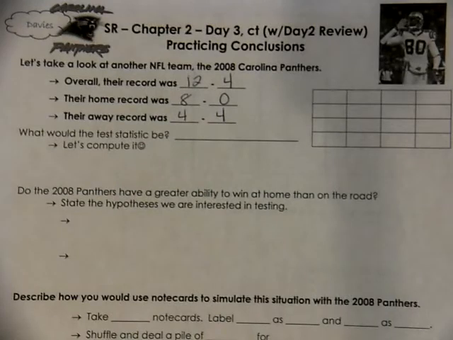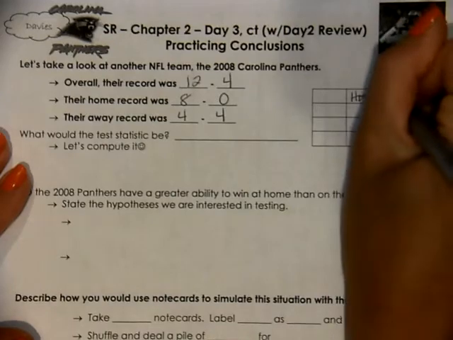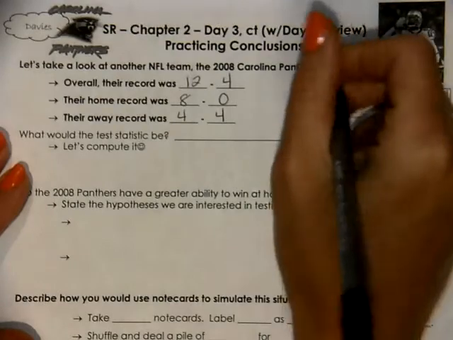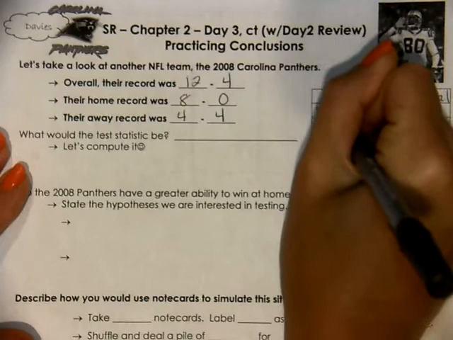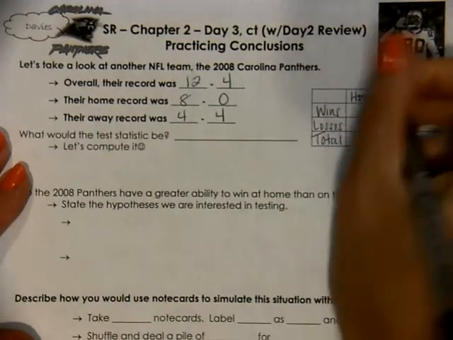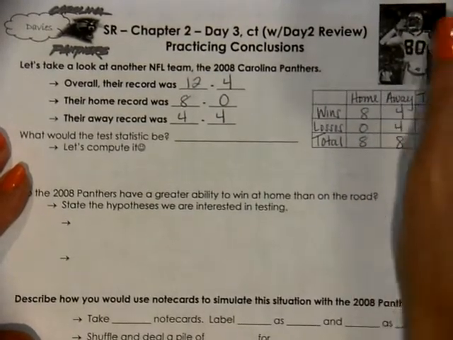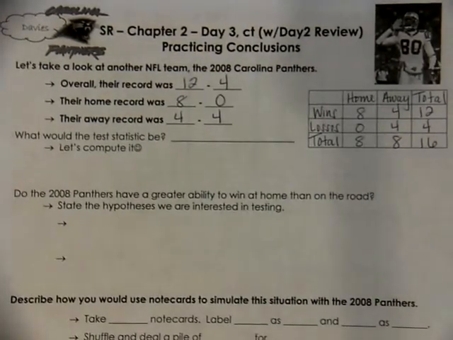Okay, if you want, you can pause the video real quick and try and organize that data into a two-way table. Okay, so that's how your data should have come out.